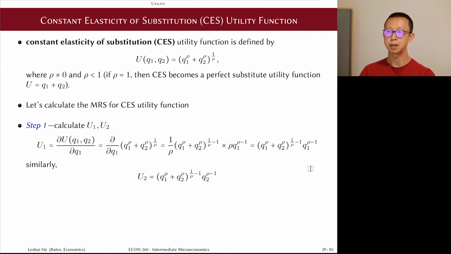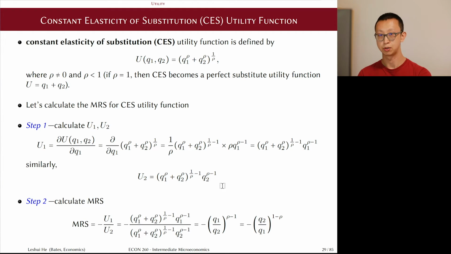Similarly, we can do the same calculation for the marginal utility of good 2. The calculation is exactly the same, just by swapping out q1 and replacing it with q2. Do exactly the same exercise. It is helpful, and please try it so that you can convince yourself that you're able to do this. And hopefully you will arrive at exactly the same expression as what I have here.